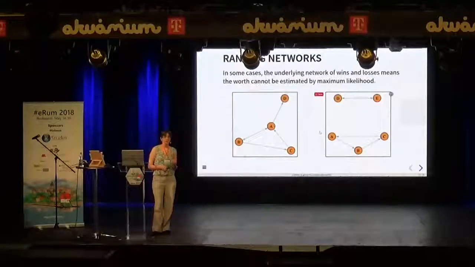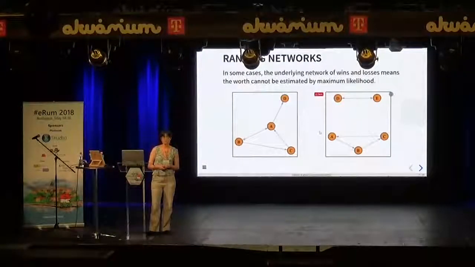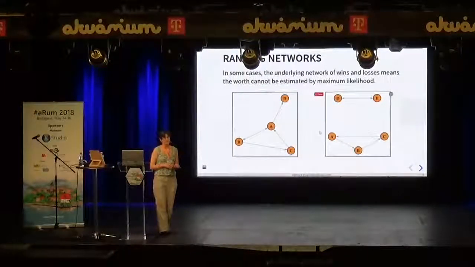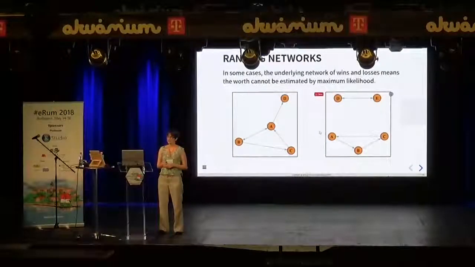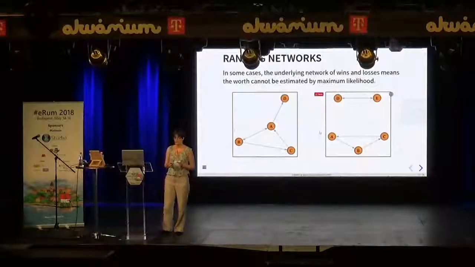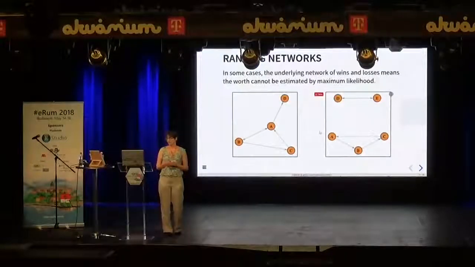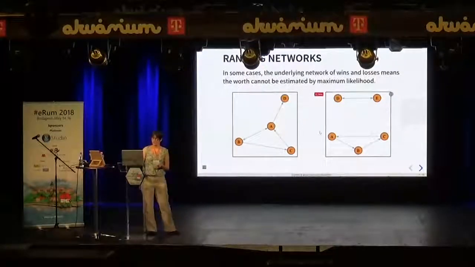Another problem that can happen in using the Plackett-Luce model in real applications is that the underlying network of wins and losses implied by the ranking can be insufficiently connected, so that we can't estimate the maximum likelihood. So here's a couple of cases where that happens.